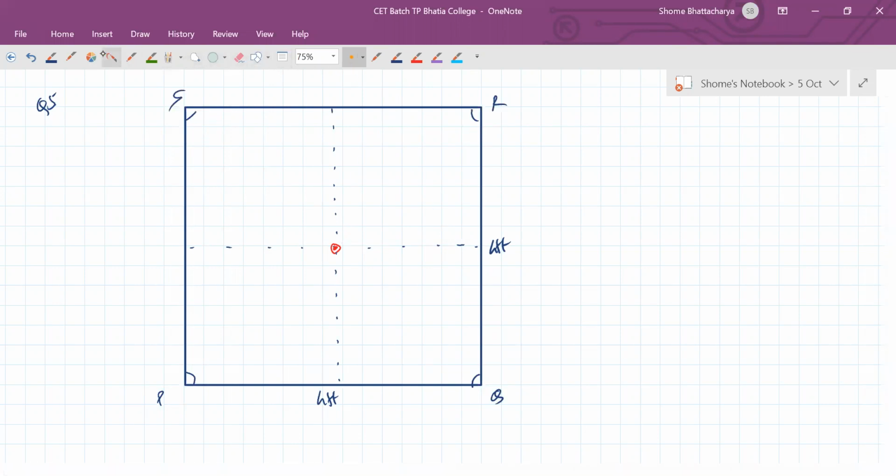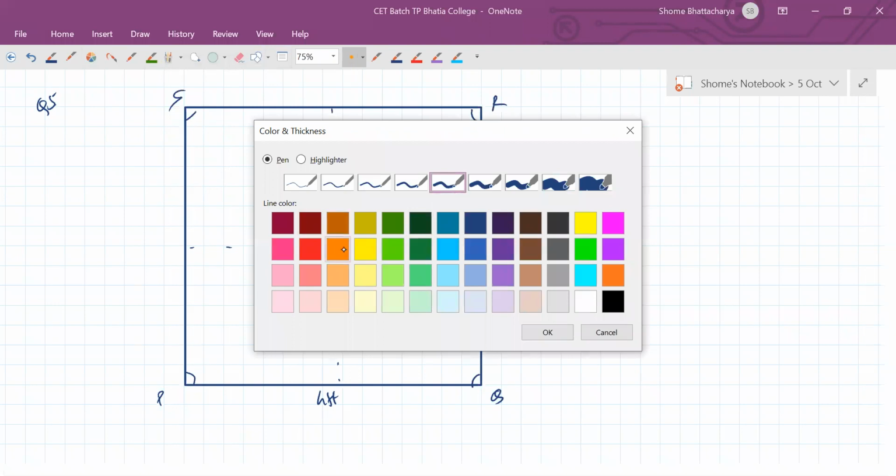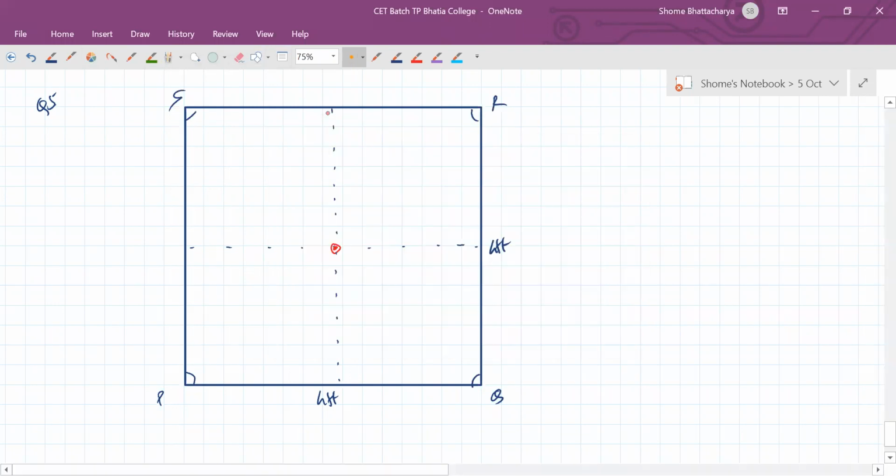So what we want is that the path this coin should take is a rebound shot like this. So it should take a path like this.